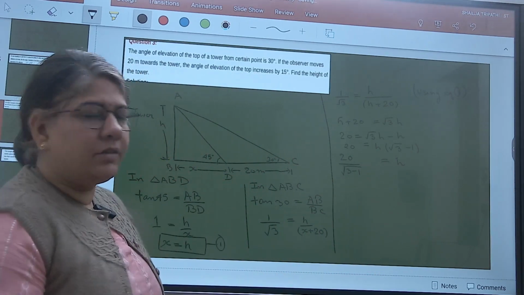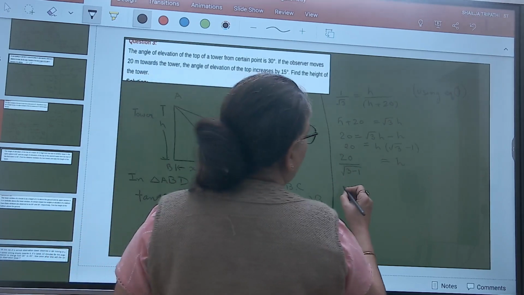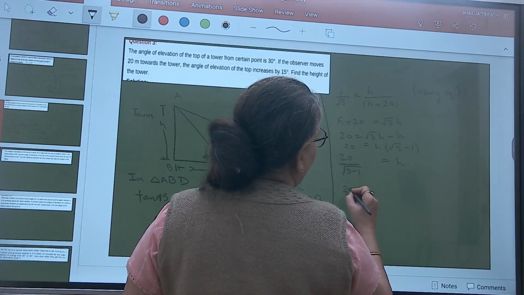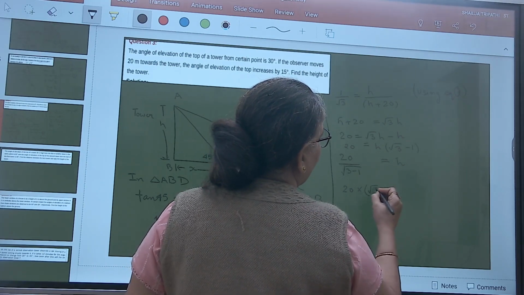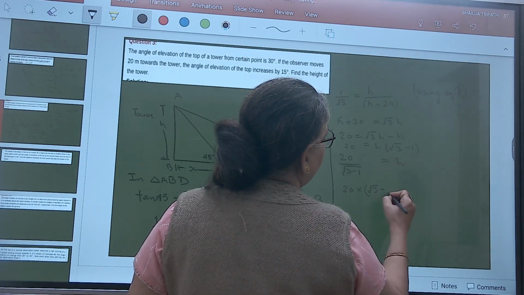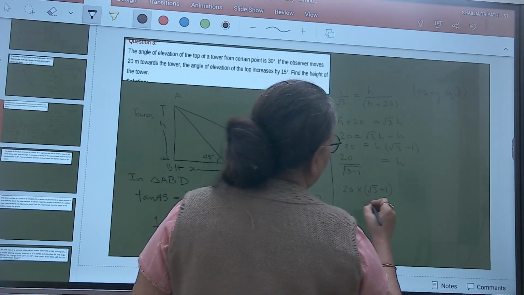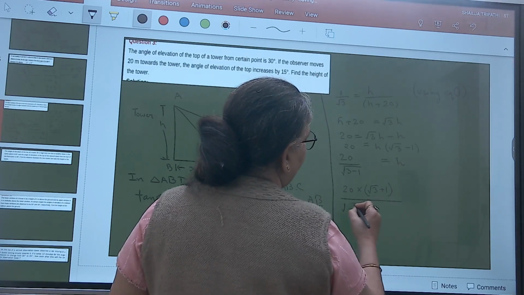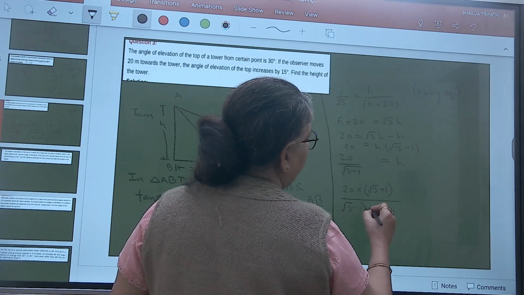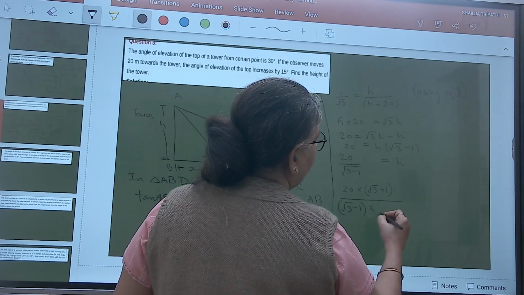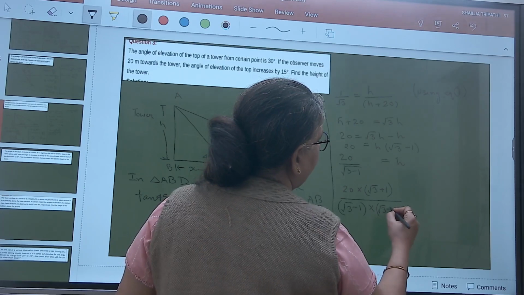Now rationalize this value. 20 multiplied by root 3 plus 1, over root 3 minus 1 multiplied by root 3 plus 1.